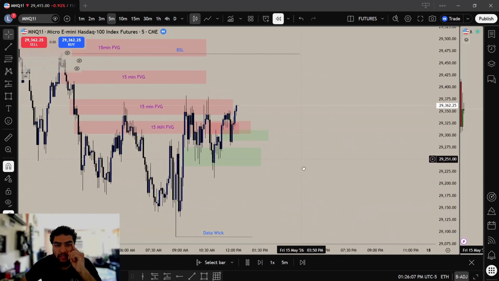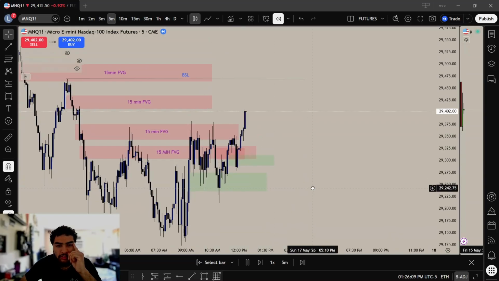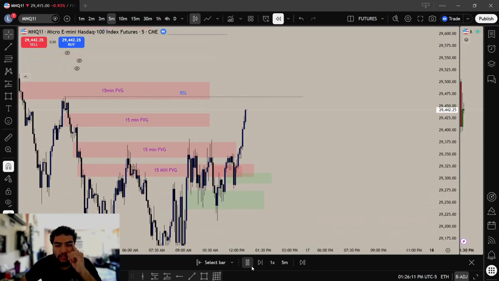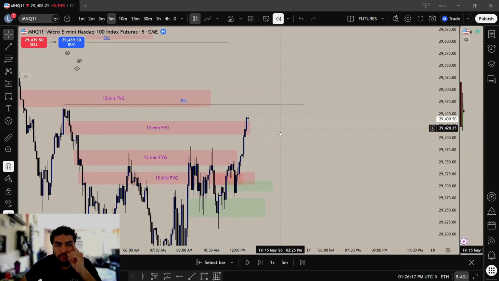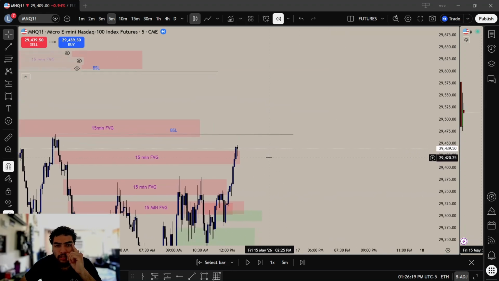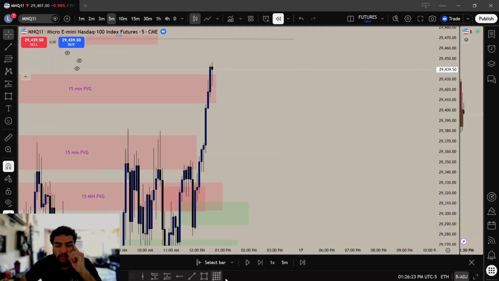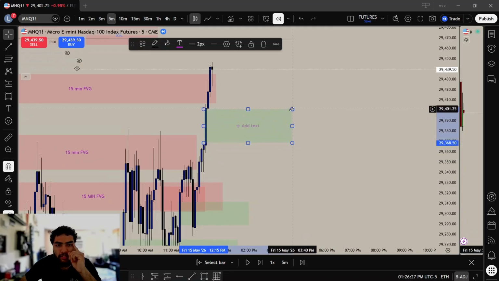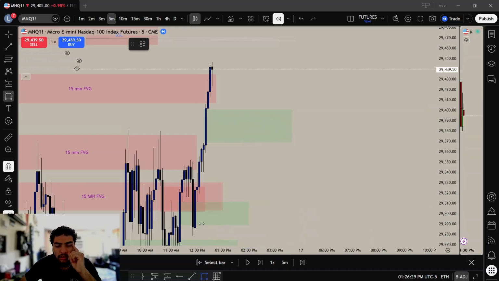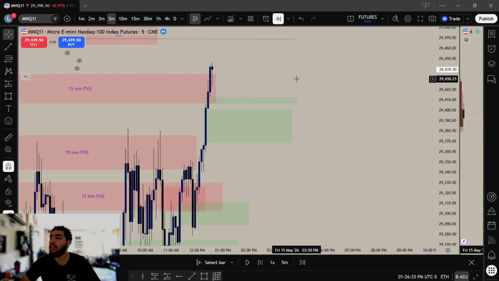I mean, we got these bigger ones, or this lower one that we're still respecting. So we're disrespecting this one. I would say, honestly, you could if you wanted to, but we are respecting these bullish or bearish fair value gaps. Or we're creating them, I guess, not really respecting because we haven't tapped into them yet.